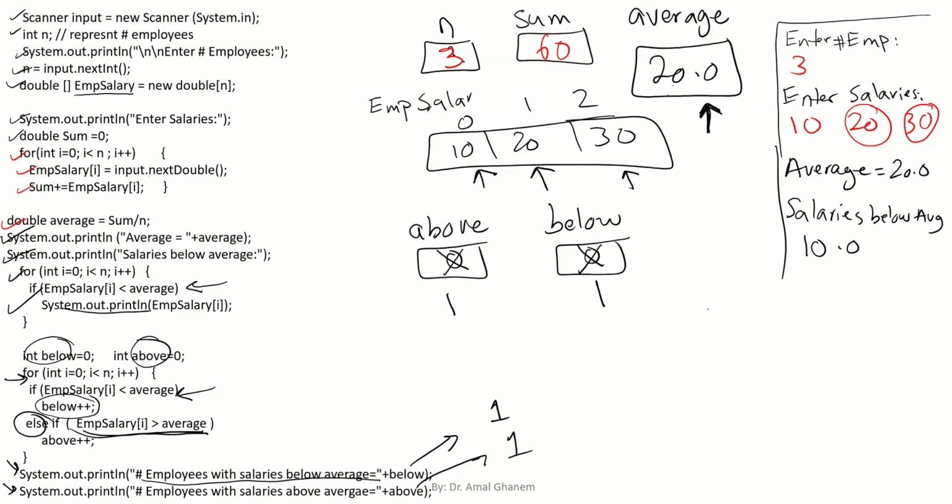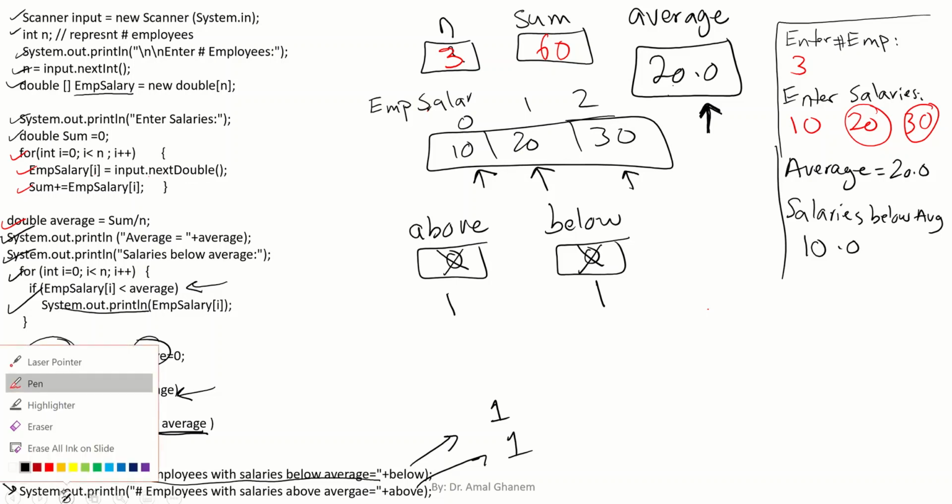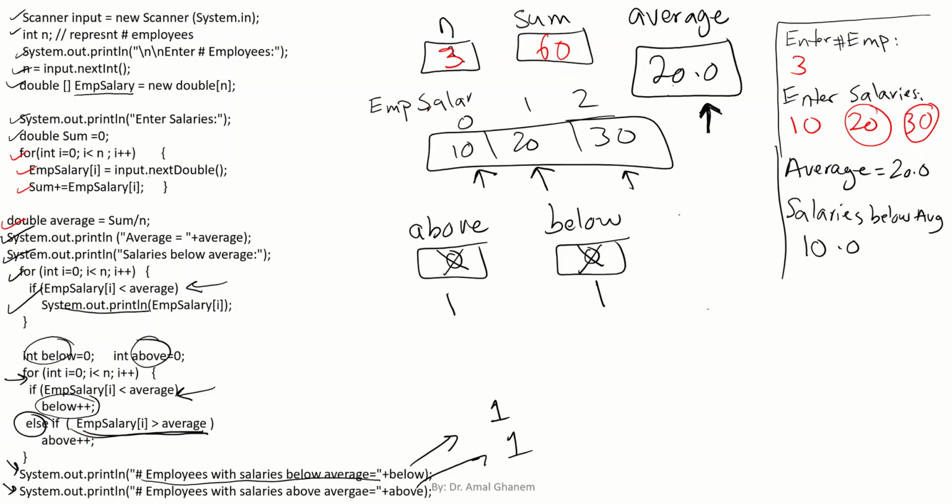So maybe as an exercise, we can also have a counter that says equal. So I need to output at the end how many salaries above, how many salaries below, and how many salaries are equal.